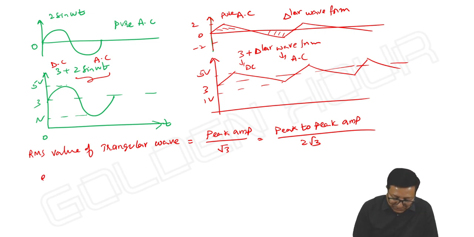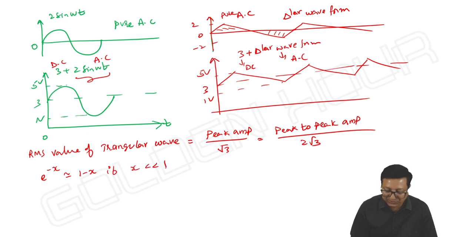And one more thing: e power minus x is approximated to 1 minus x if x is far less than 1, that is, 0 less than x far less than 1. And cos theta is equal to 1 minus theta square by 2 factorial if theta is very small.